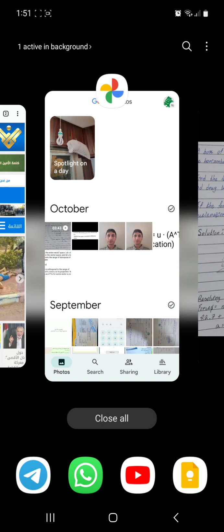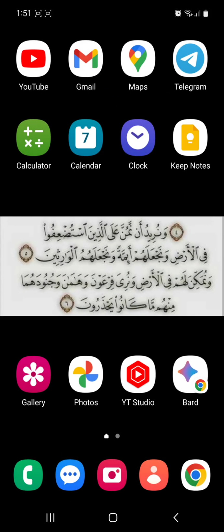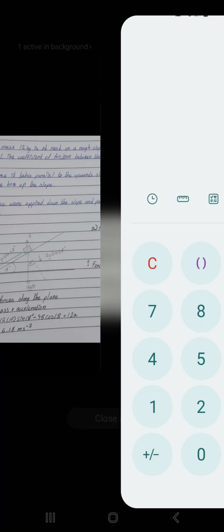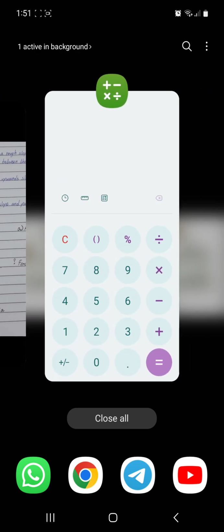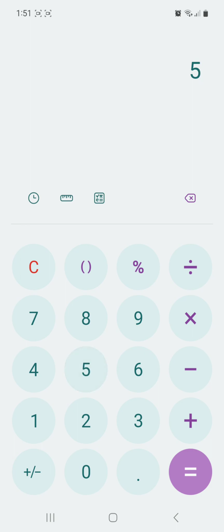Let me check if I have the calculator somewhere. It's 120 sine 18. Sine 18, 18 degrees, is that 37? No, I feel not. Let me make sure that it is really in degrees.